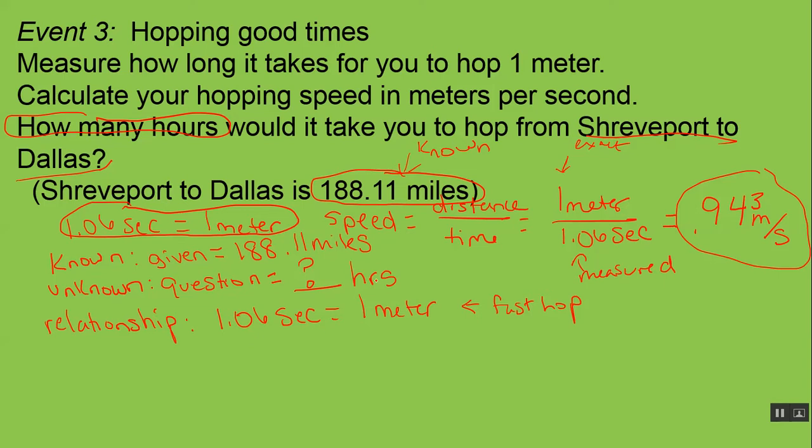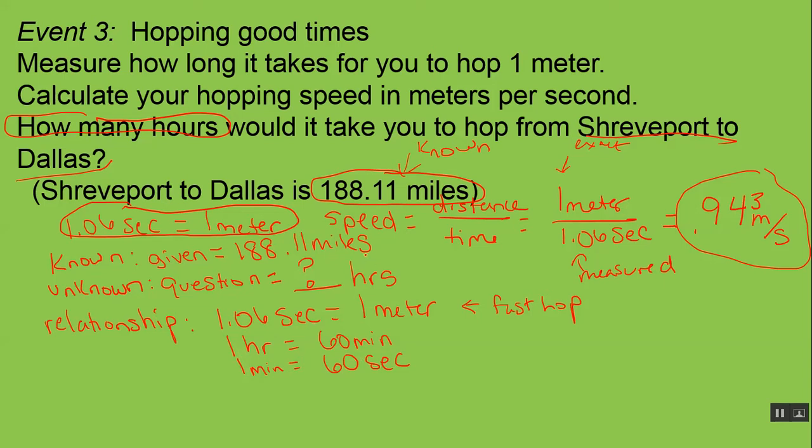So let's think about some other relationships we have. Like, for example, we don't know hours and miles, but we do know things like hours and minutes, like 1 hour equaling 60 minutes. We do know minutes and seconds, and that could be important, right? Like 1 minute equaling 60 seconds, because that allows us to relate. Do we know anything with miles?